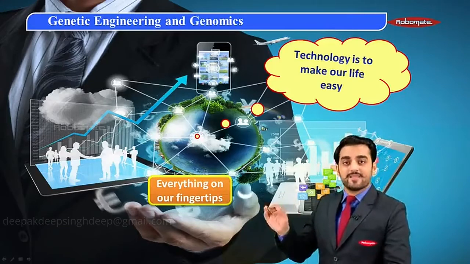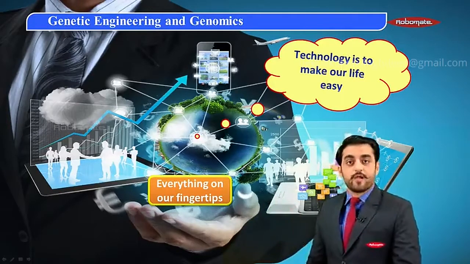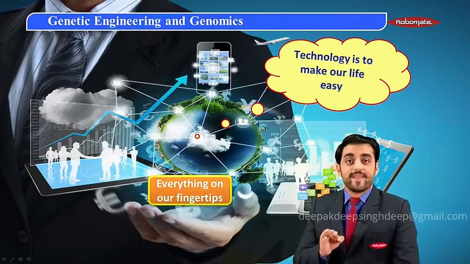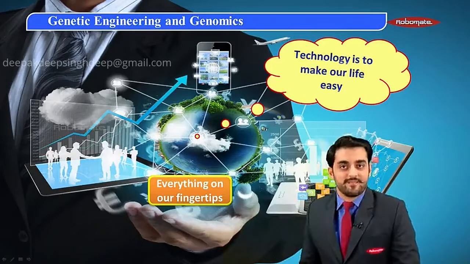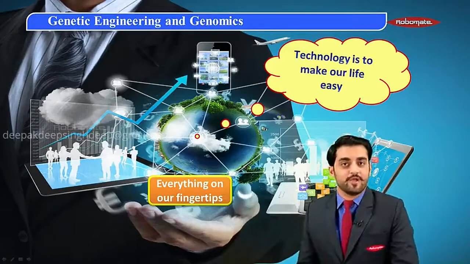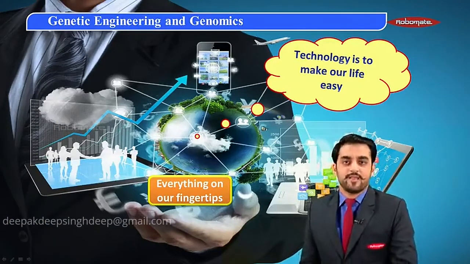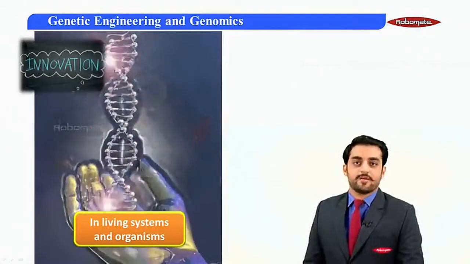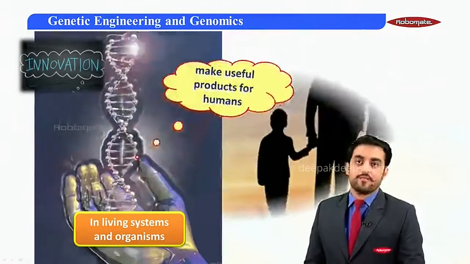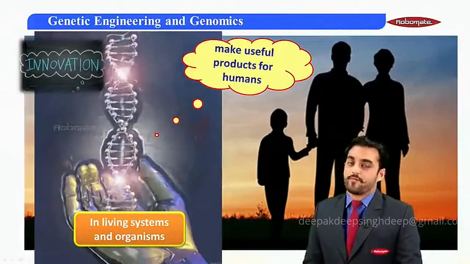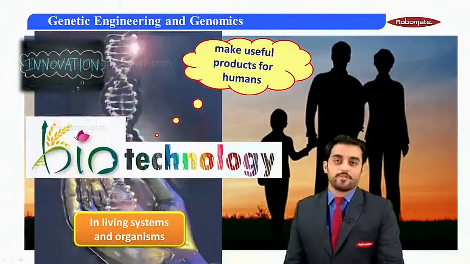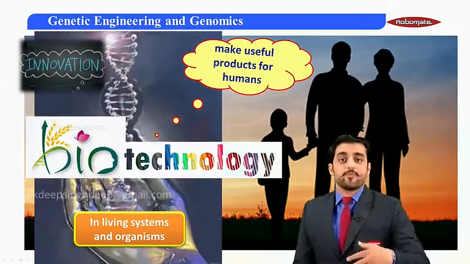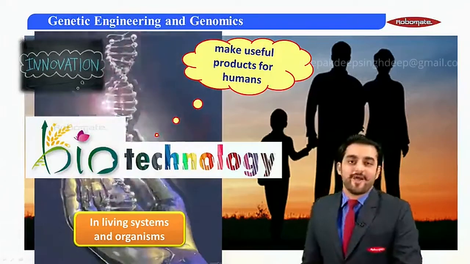As we made certain changes in the software or the hardware part of the instruments or gadgets, similarly, if I make certain changes in the living system, don't you think that can be called biotechnology? A similar innovation done in the field of living organisms that makes a useful product for humans is called biotechnology. The changes you do at the living system level, to make improved quality, are together called biotechnology.